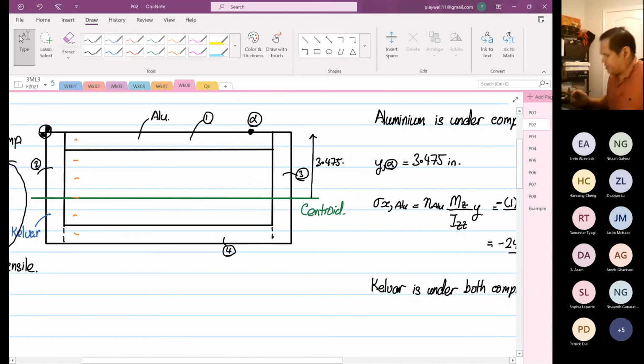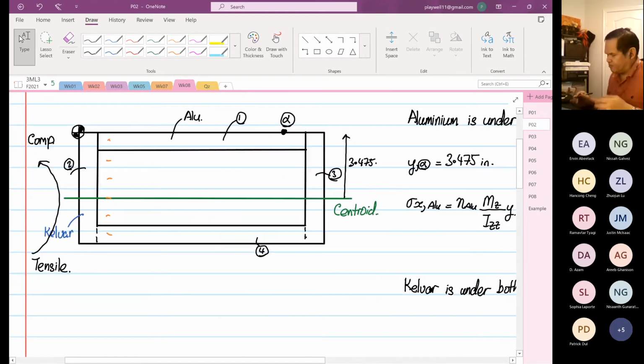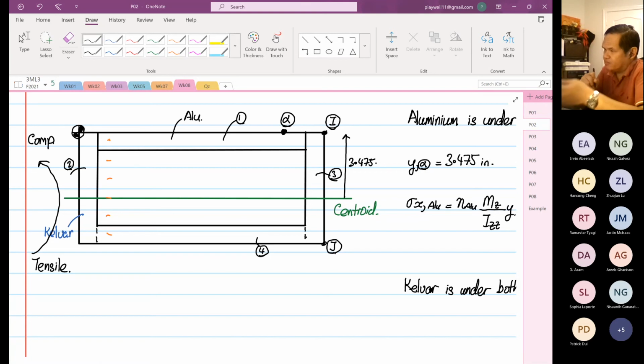Because part of the Kepler is above the centroid, part of it is below the centroid. So I'll call this point I, and this point over here, point J. Point I has a maximum compression. Point J has a maximum tensile. So the maximum compression distance is furthest away.